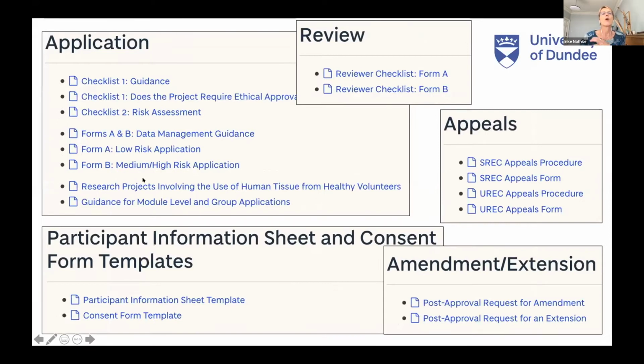So we have a whole slew of documents. There are guidance documents, and there are risk assessments, but not just for the application process. I'm going to mention this briefly.